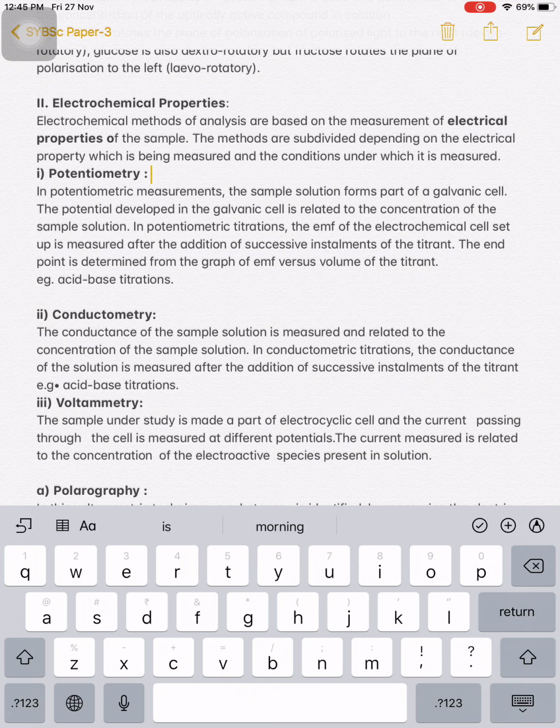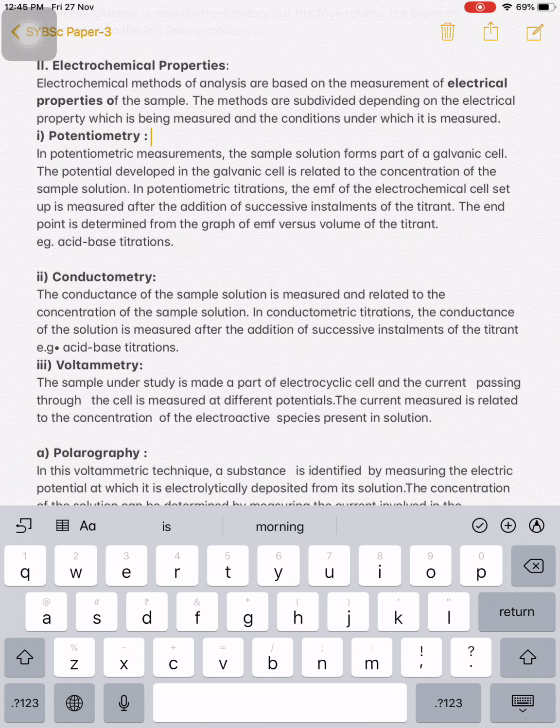Now see here, in potentiometric measurements, the sample solution forms part of a galvanic cell. The potential developed in the galvanic cell is related to the concentration of the sample solution.